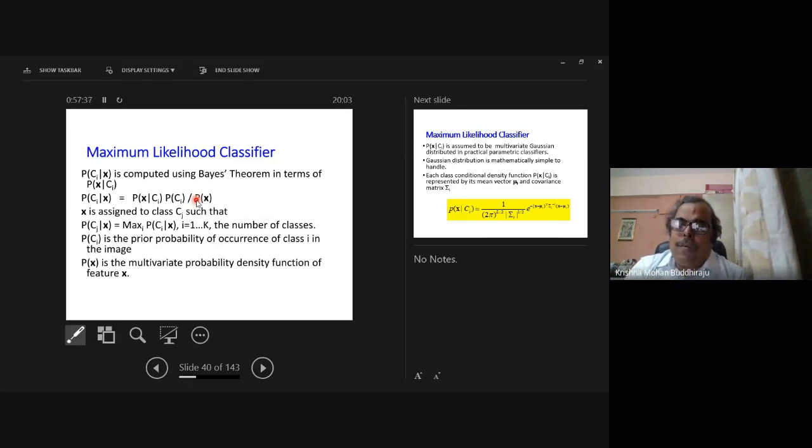So you have a slightly more robust approach that utilizes Bayesian reasoning. If you want to estimate the probability of class Ci, that is, the probability of class i given the data vector X, you can use the knowledge that you have already computed: the probability of X given Ci.